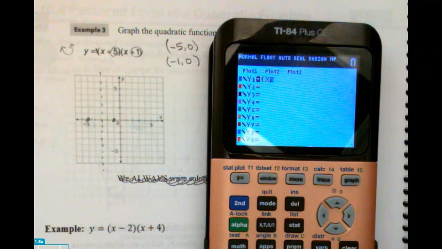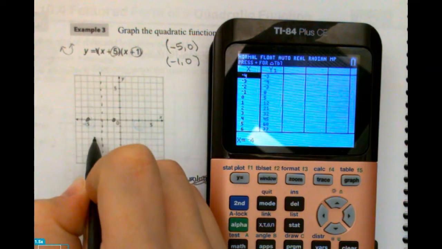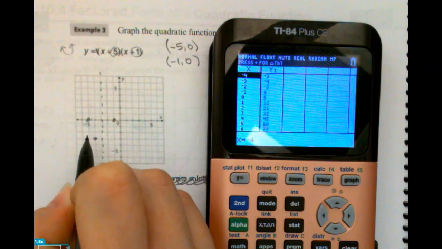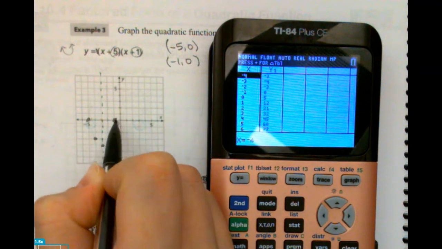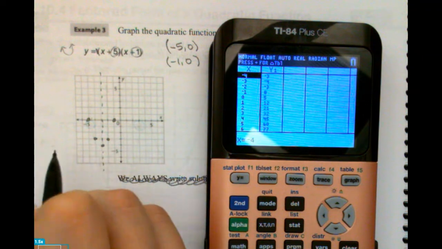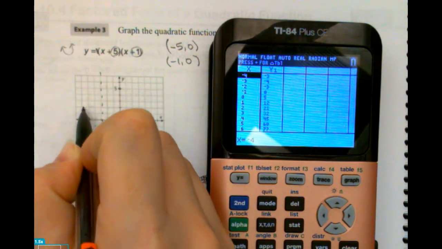So x plus 5 and x plus 1. I'm going to go ahead and get my table and get some points. So I've got a point at -4, -3, -3, -4, -2, -3, 0, 5, and then I'm assuming there'll be 1 at 6, 5 as well.